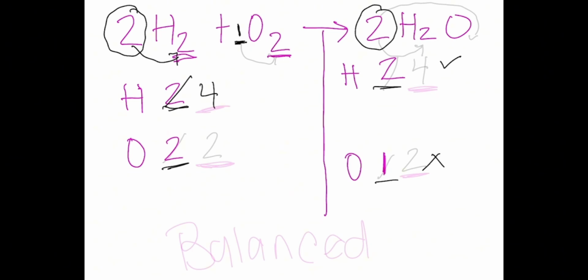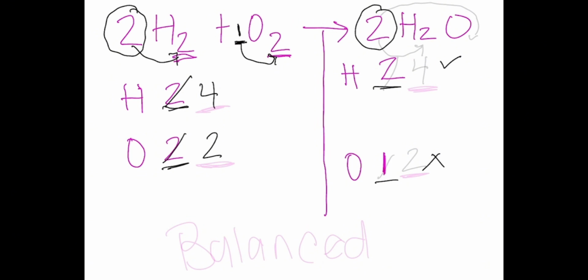When there is no coefficient, it just means that it's 1. So now we take that coefficient and multiply it by its subscript, which 1 times 2 is 2. So with that coefficient, we still have 2 oxygens on the reactant side.